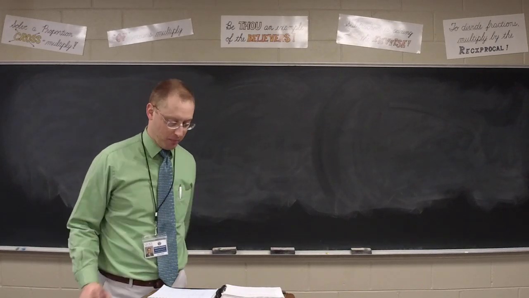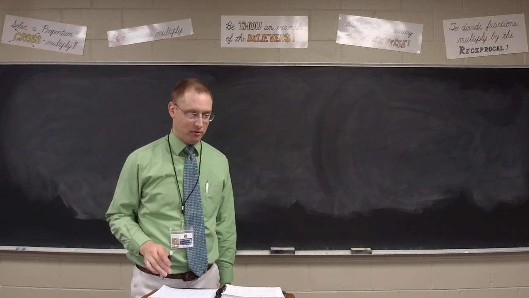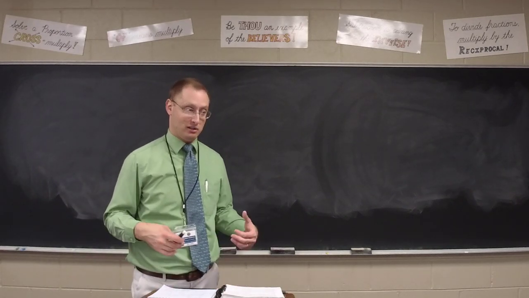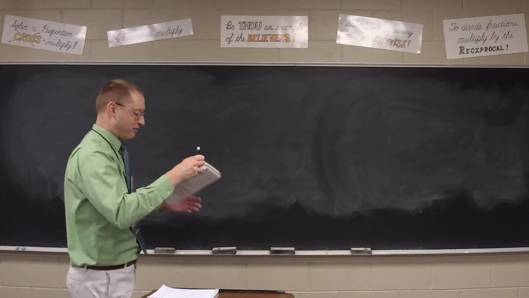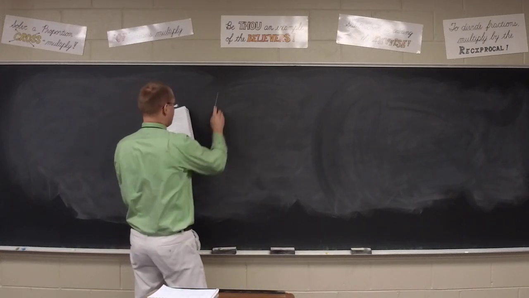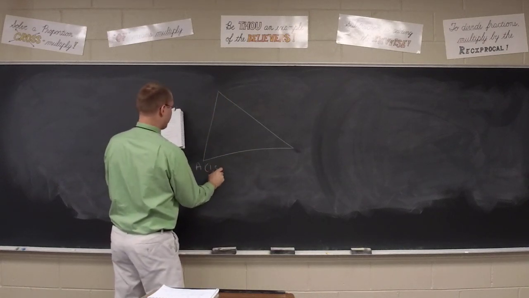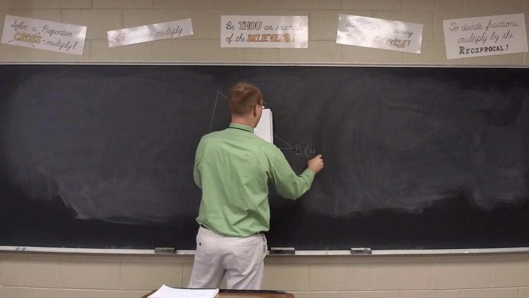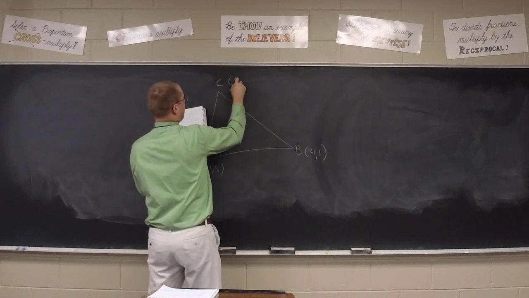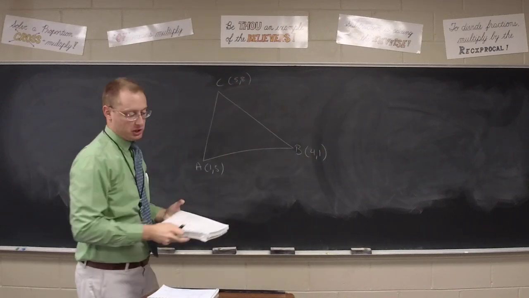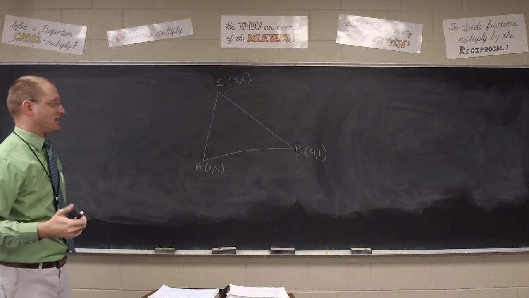What am I going to have to do right up front? Figure out which side is the longest side. So how do we figure that out for triangle ABC? Again, not necessarily drawn to scale here. I've got (1, 5), (4, 1), and (5, 8). How do I figure out which one's the longest? Find all 3 lengths. Go and do that at your seat.